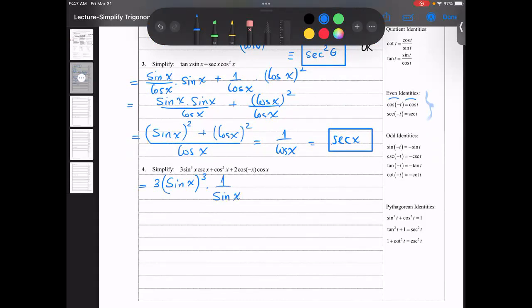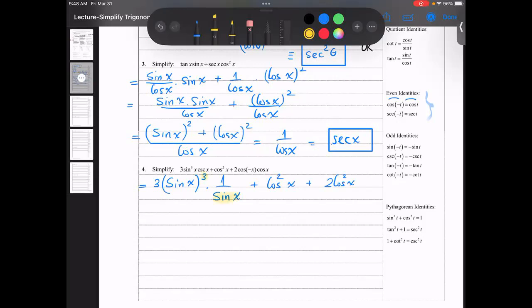Keep going. Plus cosine square x, right? Plus cosine of negative x turns into cosine x, so it's cosine x times cosine x, which is cosine square x, right? One of the three sines on top cancels the sine on the bottom.